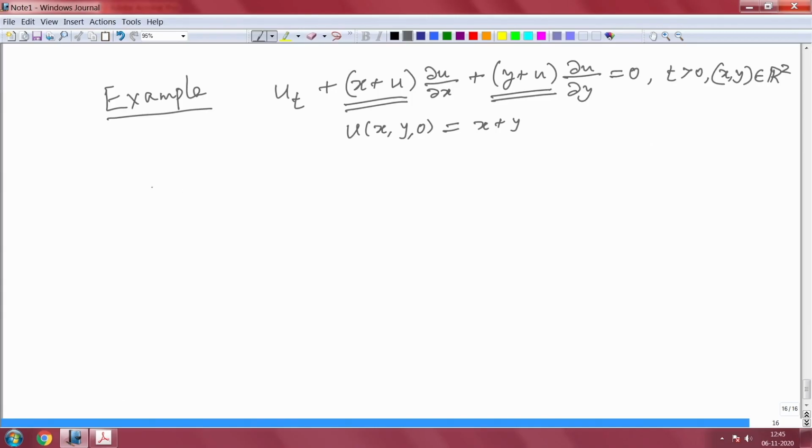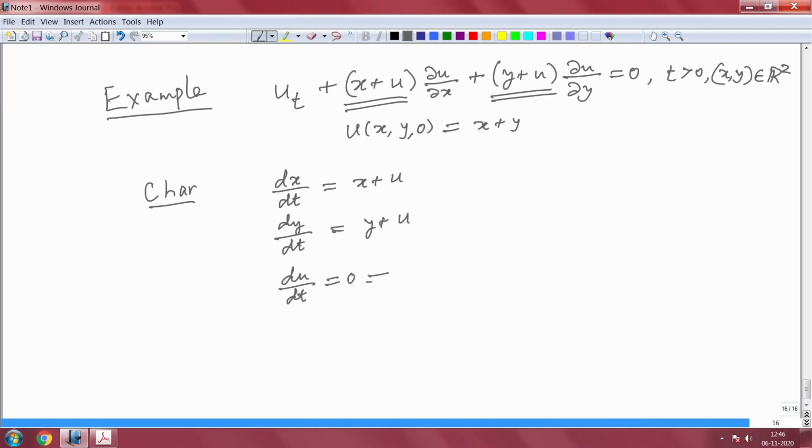So, again the characteristics. dx by dt is equal to x plus u and dy by dt is equal to y plus u. And similar to the previous example, we also have du by dt equal to 0.